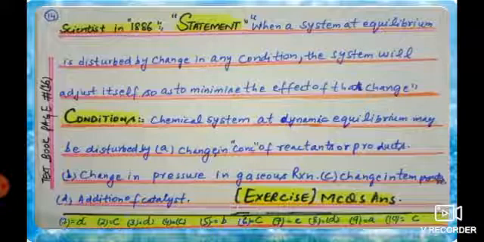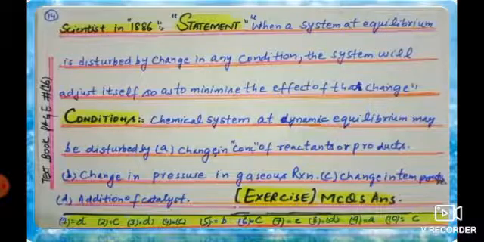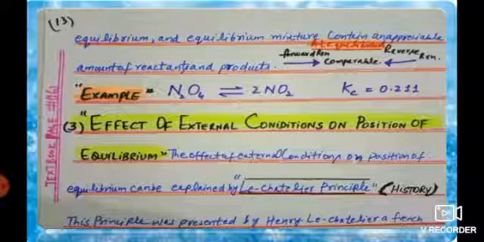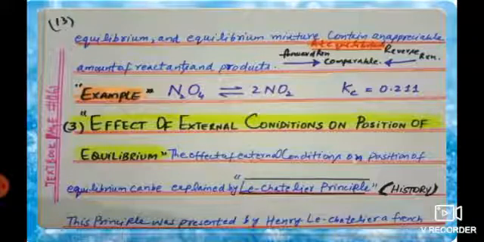It may be the change in temperature or the addition of a catalyst. So these are all the external conditions that affect the position of equilibrium. We have discussed it in much detail, so there is no need to discuss it again.